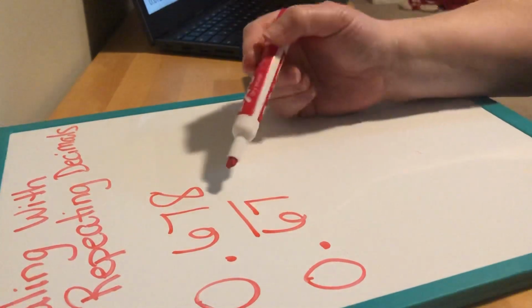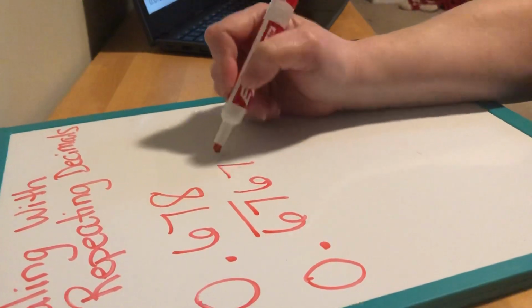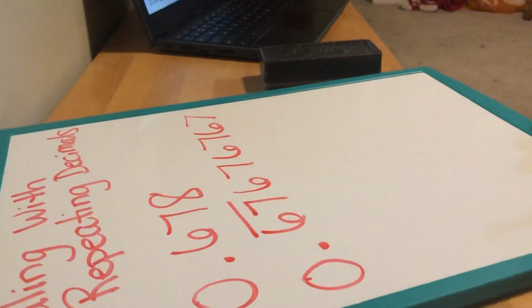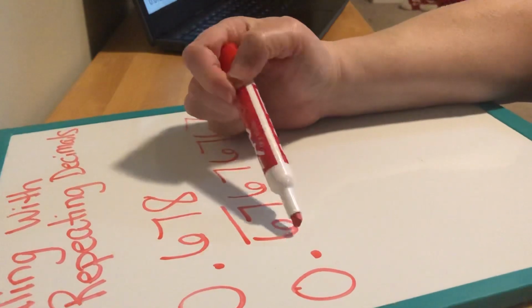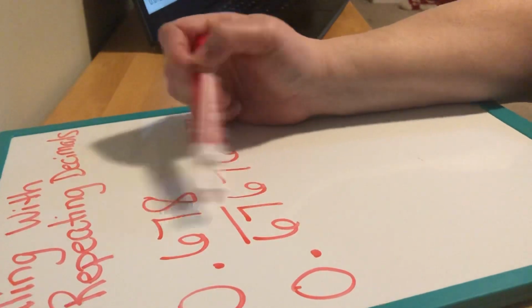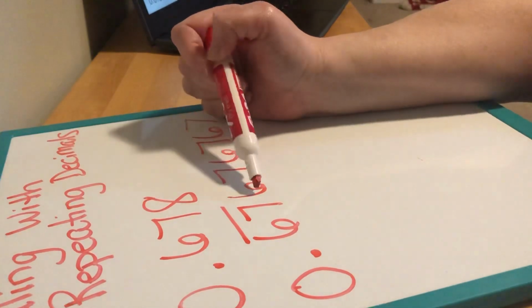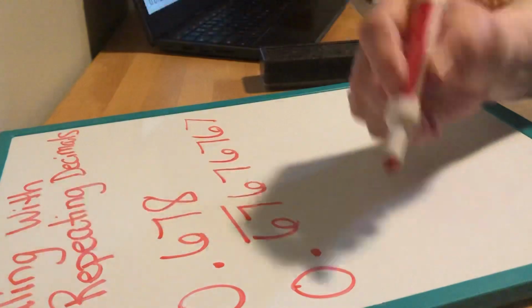Now this one is a repeating number, so if I was to continue this, I could continue it like that, okay? Now when I look at them, the tenths are the same, the hundredths are the same, but in this case, the 8 is bigger than this 6. So the 8 is going to make this one win.